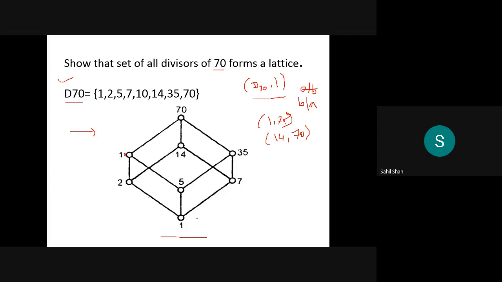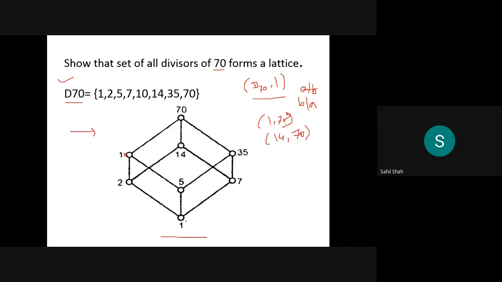Once the Hasse diagram is ready, you need to check whether this is a lattice or not. How to check? I already told you. You need to check whether LUB and GLB exist for each and every pair. All pairs must be visited.